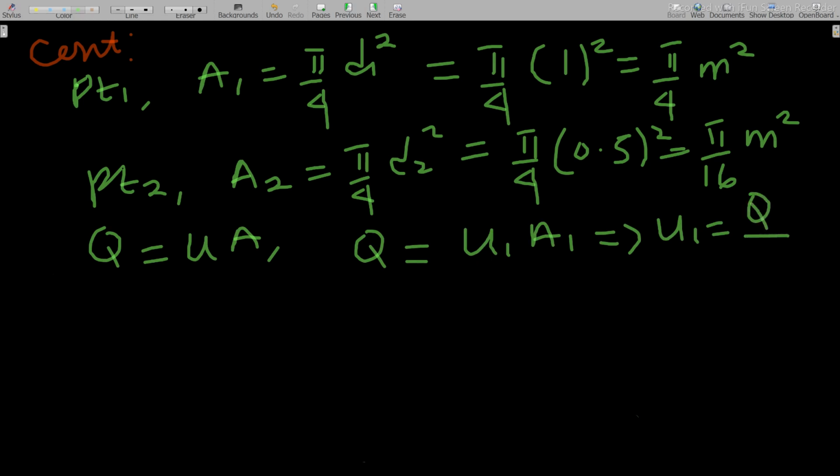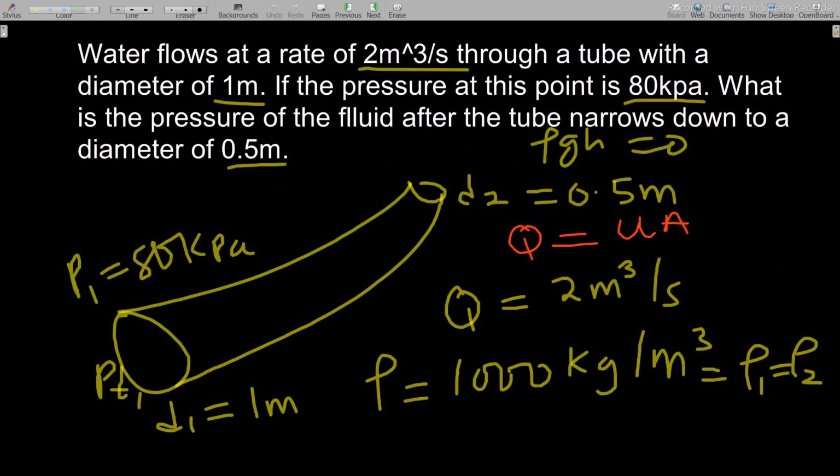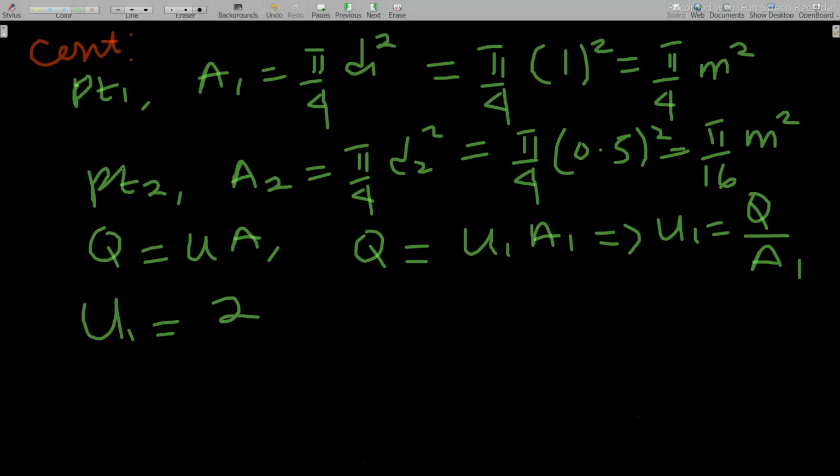Q over A1. And so U1 here will be equal to, what is my Q? My Q was given as 2 meter cube per second. So I have 2 over A1, which is π over 4.